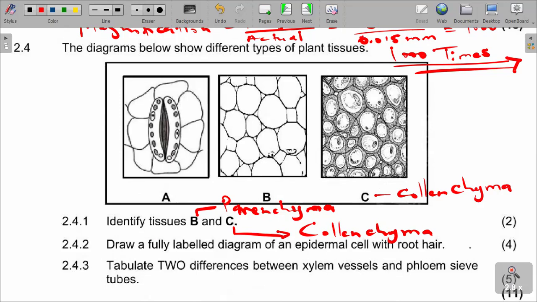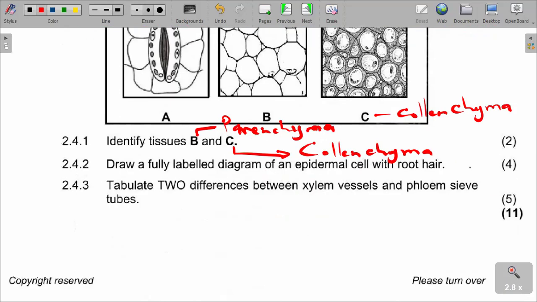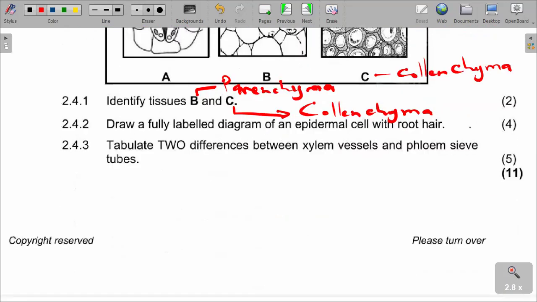That is it. And then draw a labeled diagram of an epithelial cell with root hairs that we can draw.